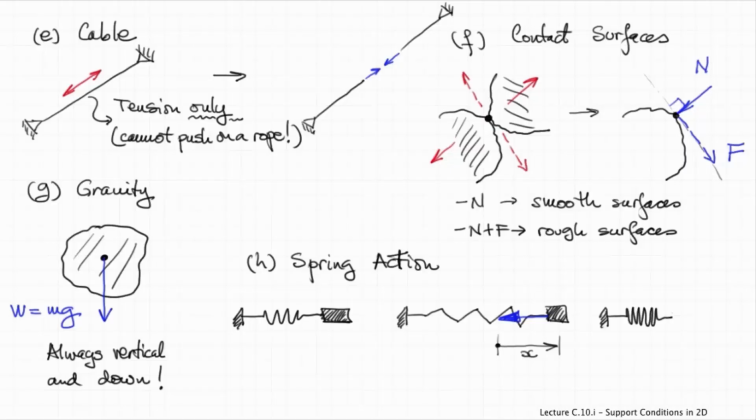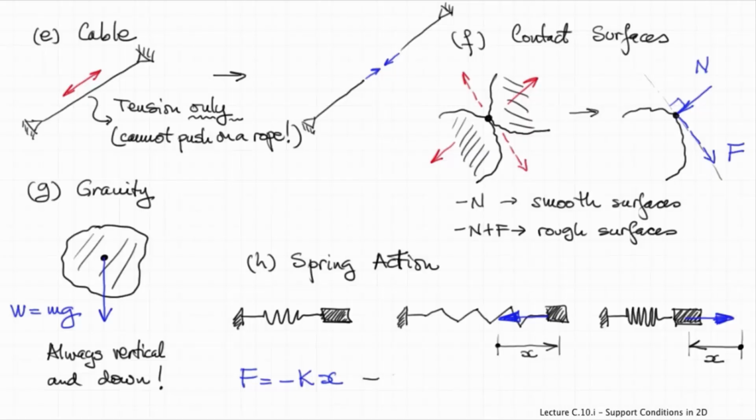Or one can push the body to the left. So in this case the spring will become compressed, say by x amount, and now the spring will react into the body and try to push the body to the right. So you see in both of these cases the spring reacts in the opposite direction of the movement.